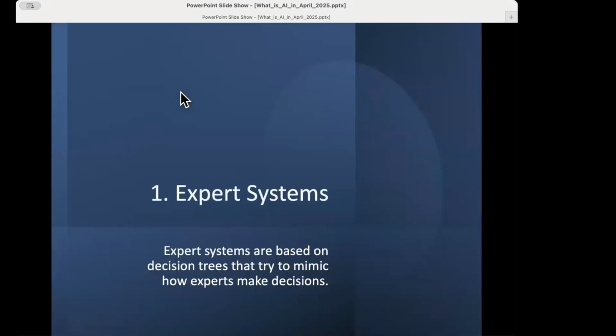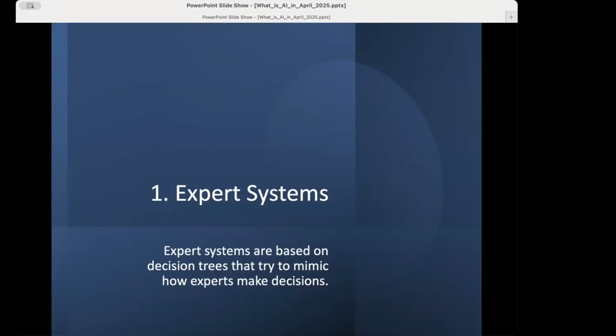But let's go on. The oldest form of AI is something called an expert system. They began developing expert systems way back in the 50s and 60s. What an expert system does is it tries to use branching trees so that if I've got a problem, it tells me, well, do this. If you see this, go right. If you see this, go left.